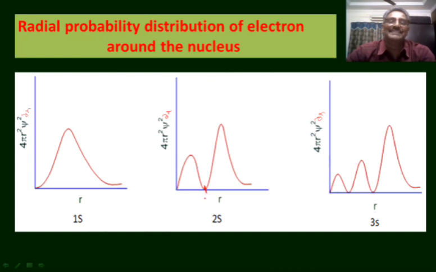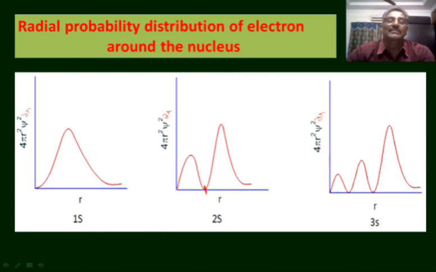At this region, there is no probability of finding the electron. This point is said to be the nodal point, or the spherical region around the nucleus at a distance of this value. The spherical region is called a spherical node.